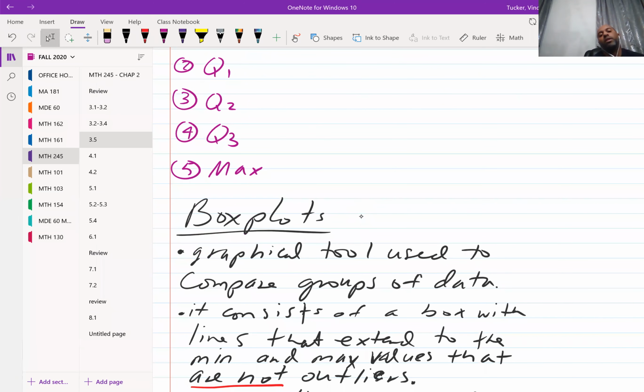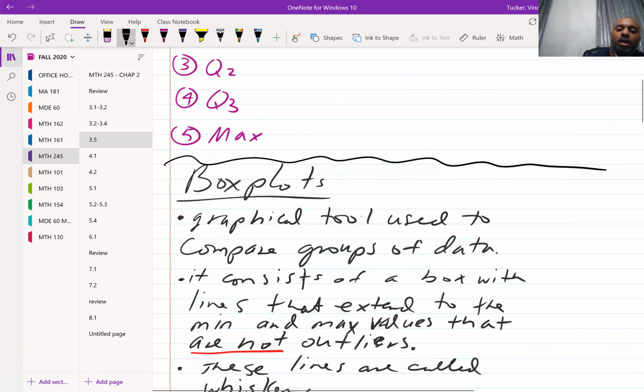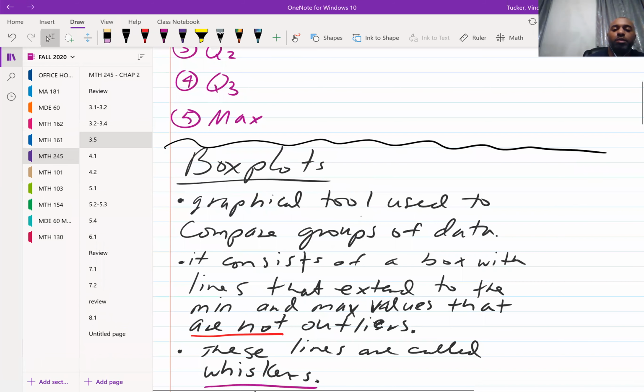Box plots, a graphical tool used to compare groups of data. It consists of a box with lines that extend to the minimum and maximum values that are not outliers. So what we're going to do in this section is what we call modified box plots.